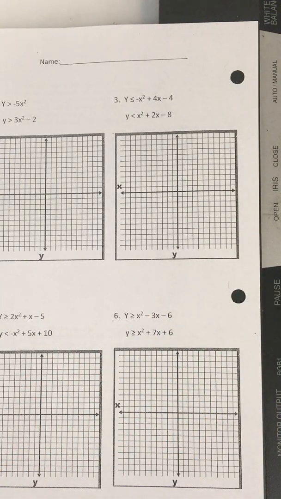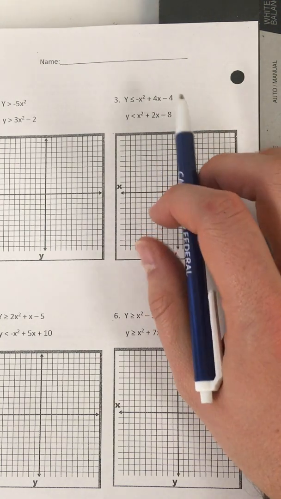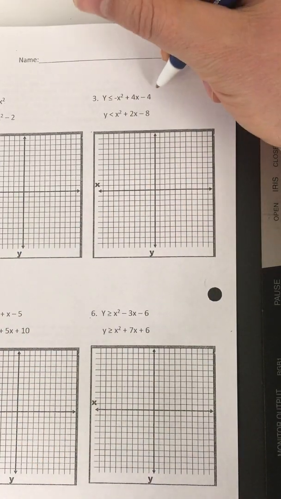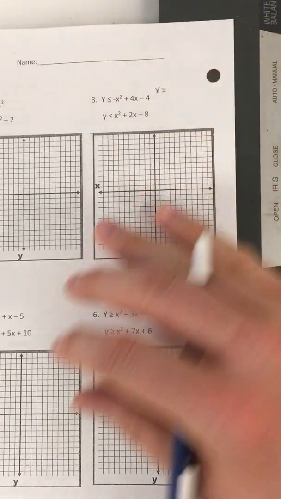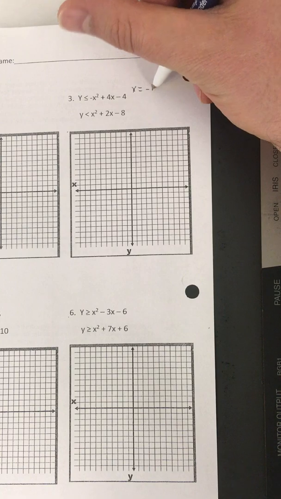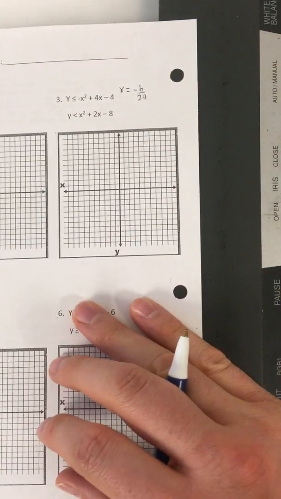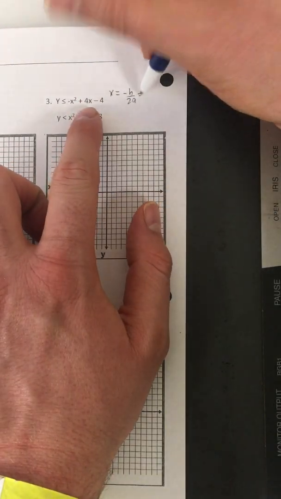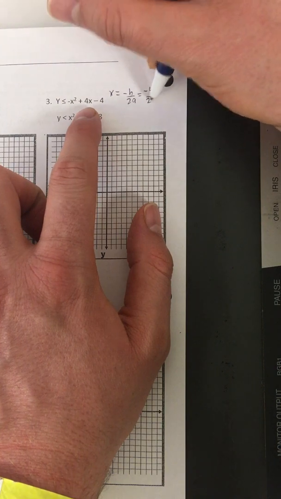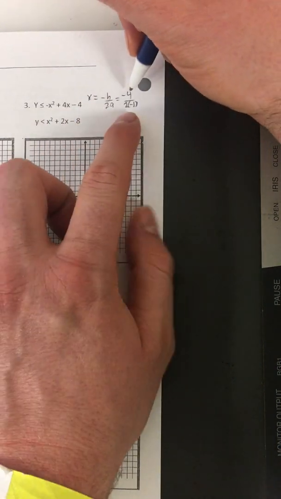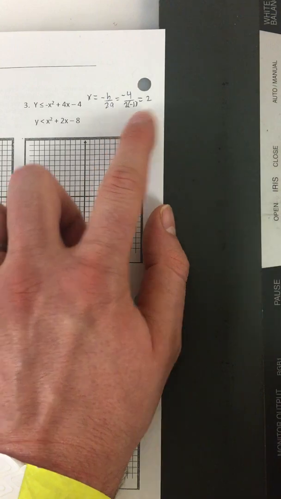Now this one is going to be a little bit more difficult to graph because you can't get the vertex straight from the problem. This is written in standard form. If you recall, there's a formula to find the vertex. x equals what? Negative b over 2a. So for this first one, I would get x equals negative 4 over 2 times negative 1. So negative 4 divided by negative 2, which is positive 2.